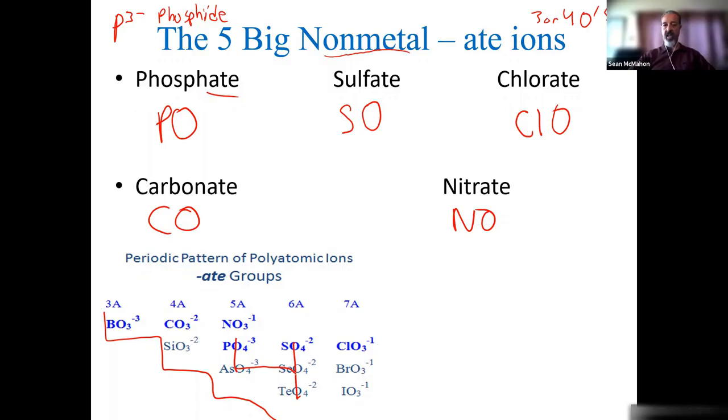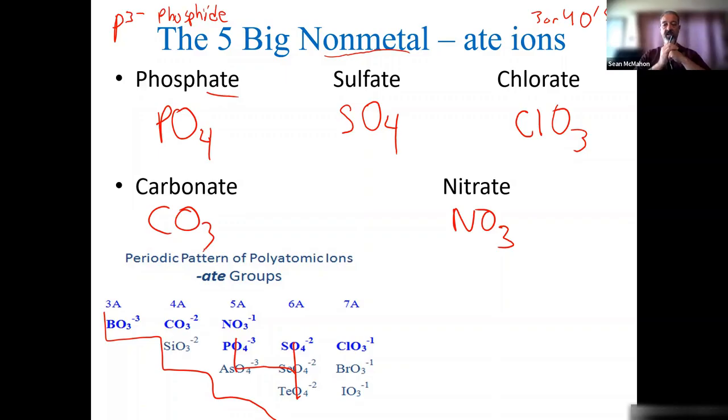So if the nonmetal is on that 4, it means that polyatomic ate ion has 4 oxygens. Phosphate is on the 4, so there are 4 oxygens. Sulfate is on the 4. Chlorate is not on the 4. Nitrate, not on the 4. Carbonate, not on the 4. So the 4 is very useful.